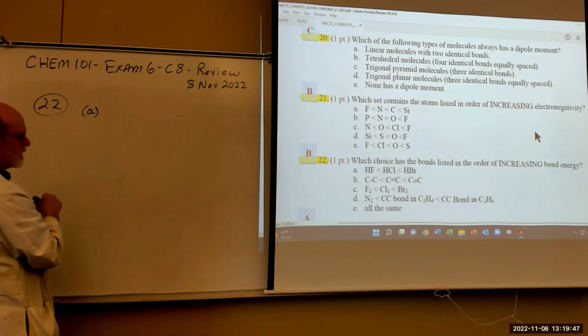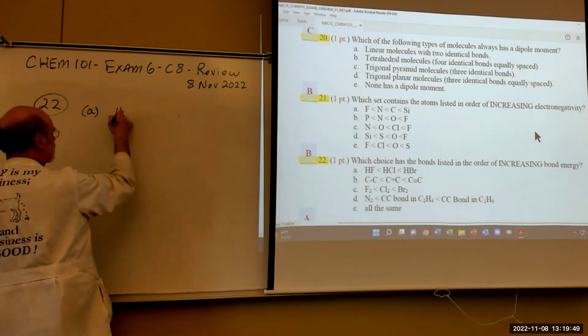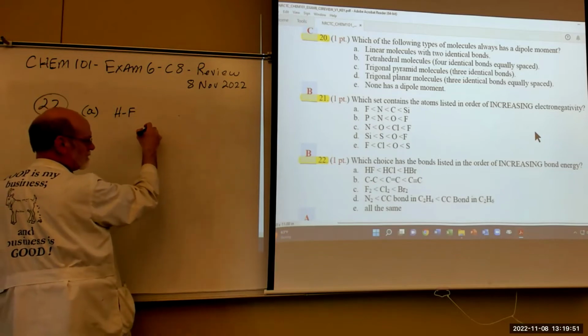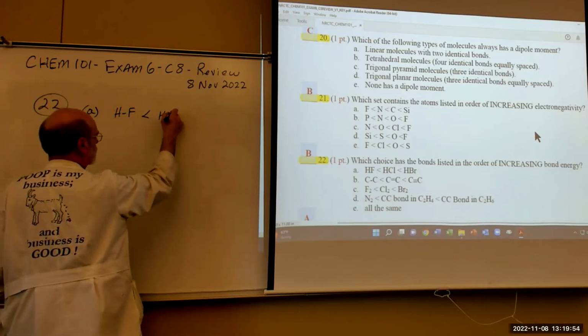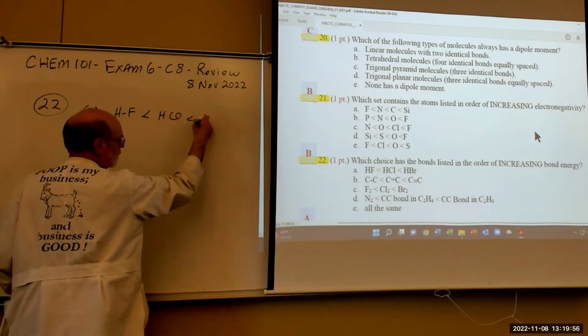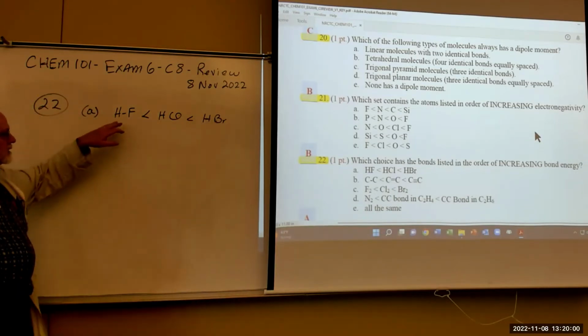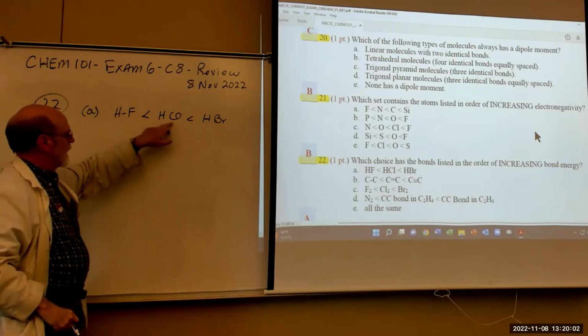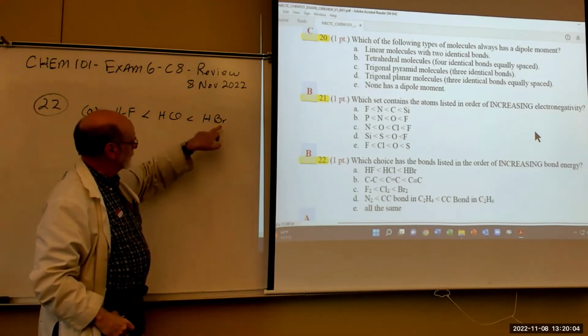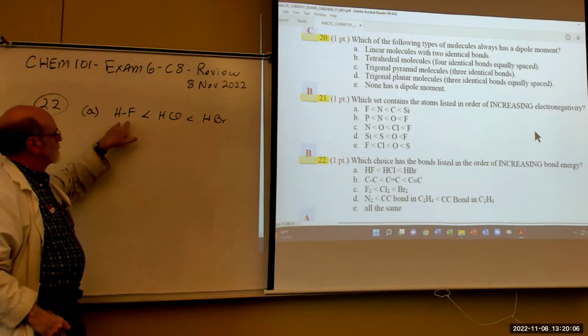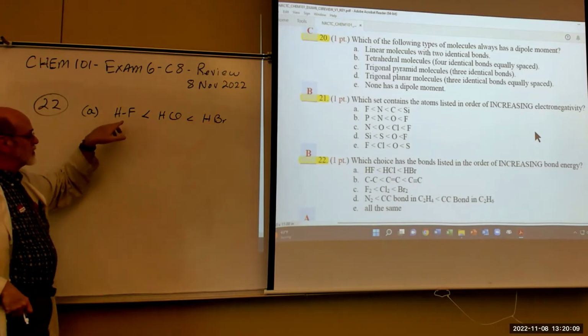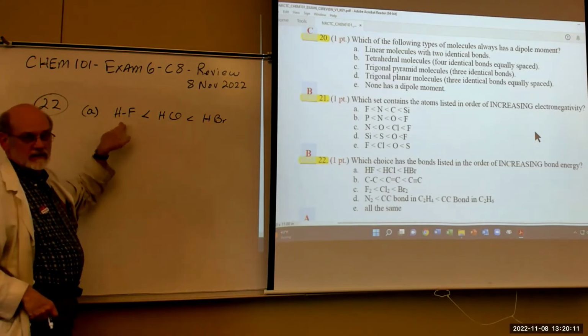So we're probably going to have to look at each one. What are the bond energies of these? This is more electronegative than that one, and that one's more electronegative than that one. So the bond energy should be highest for this one.